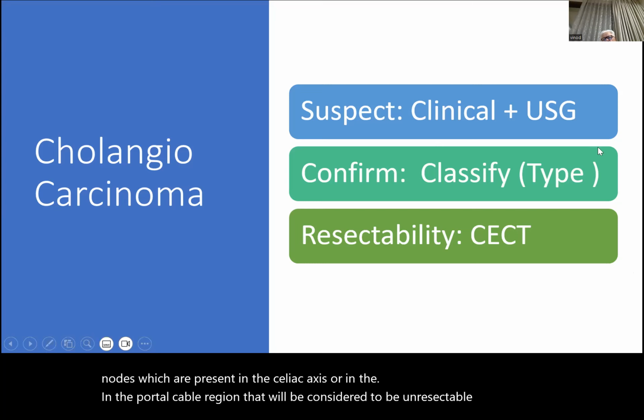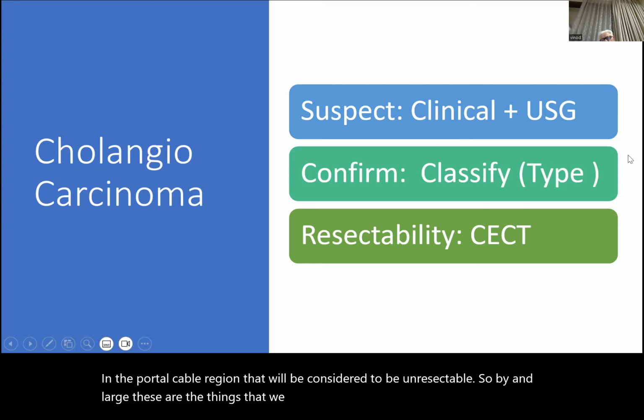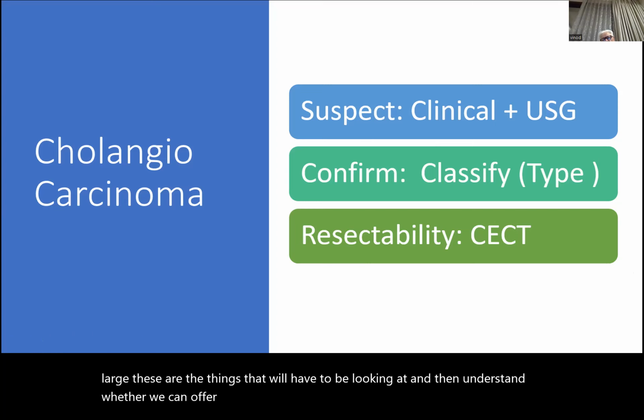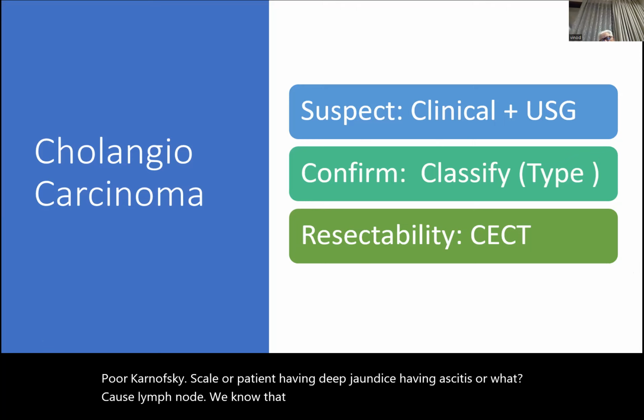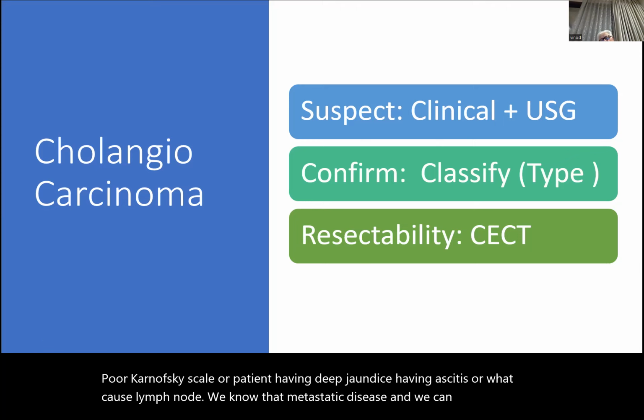So by and large, these are the things that we'll have to be looking at and then understand whether we can offer treatment or not. Some patients, by way of their poor Karnofsky scale, or having deep jaundice, having ascites or Virchow's lymph node, we know that it's a metastatic disease, and we can call it inoperable right away.